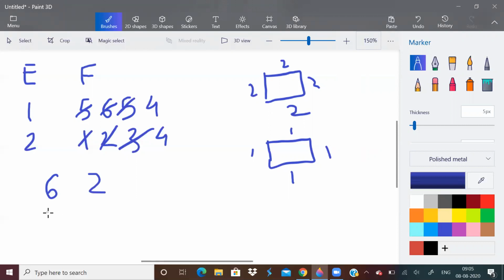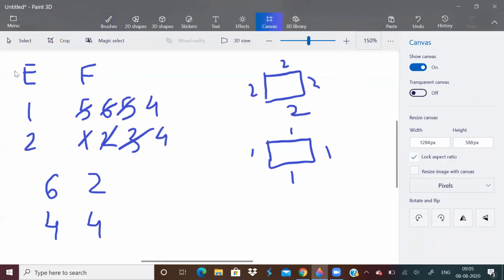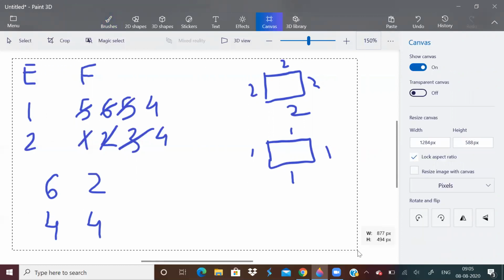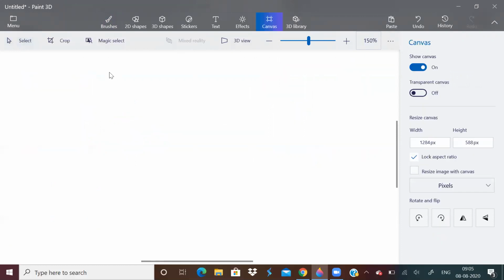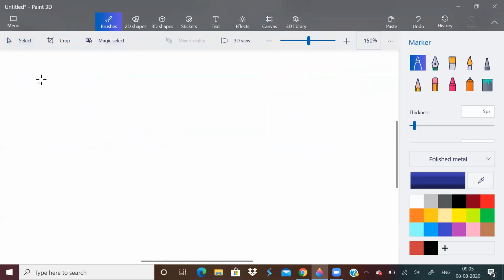Or if some element's frequency became 4, we needed another element with frequency 4. So let us try to find out what all conditions are required. First, if an element's frequency becomes 4 and another element's frequency is also 4, so we have two elements of frequency 4, yes, we can form a rectangle and a square.